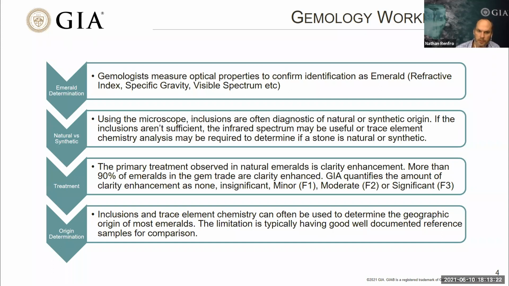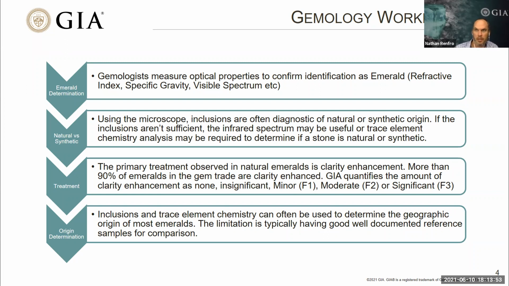The last consideration that we may have in the laboratory for emeralds is the geographic origin determination. As I'm sure you all are aware, there's a premium on emeralds from Colombia as a general rule. Colombia is really the benchmark of quality standard for emeralds in the gem trade, and so Colombian emeralds generally carry a premium because of that fact.